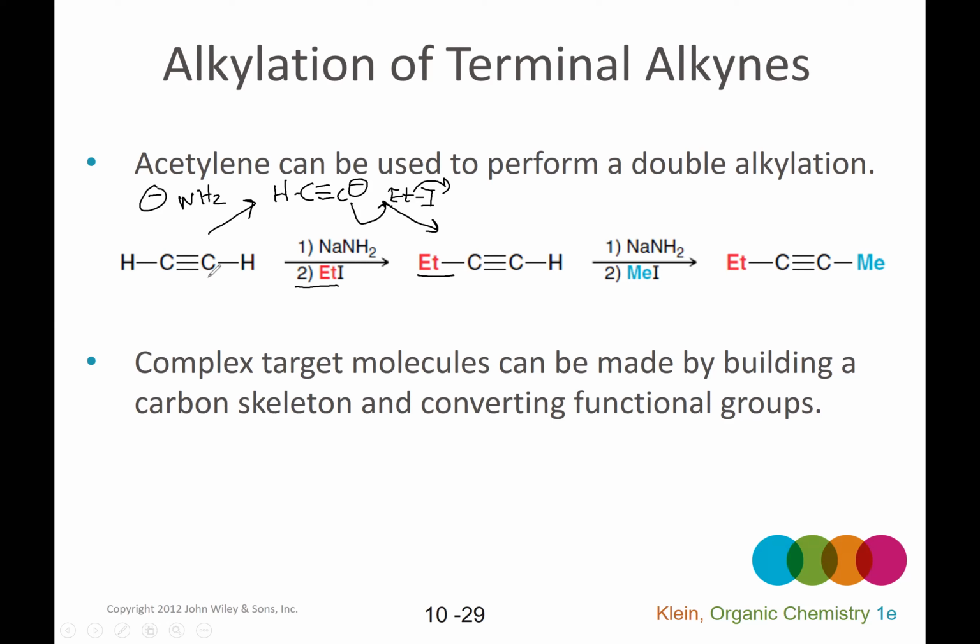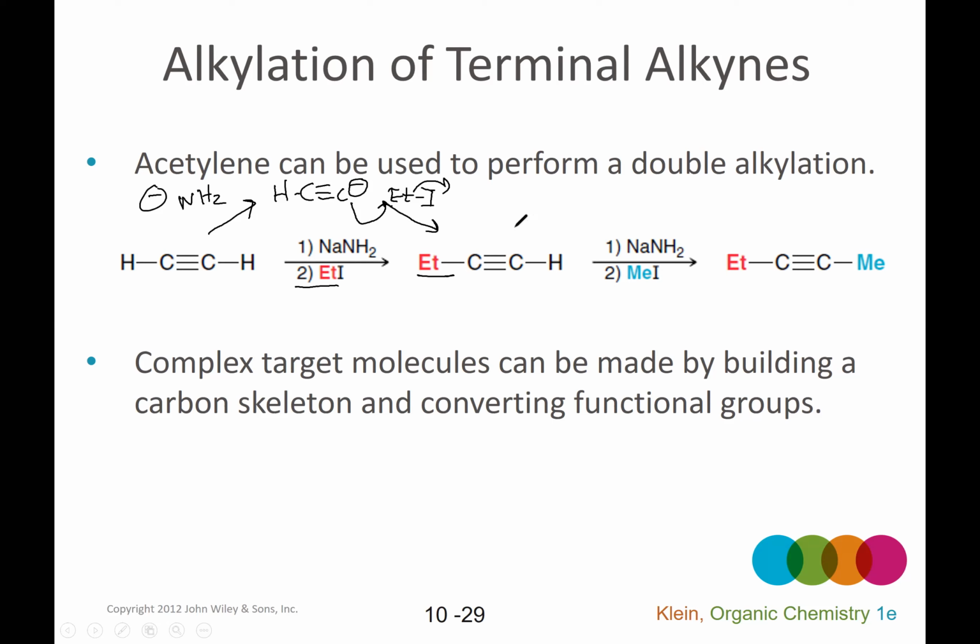So we've gone from a 2-carbon chain now to a 4-carbon chain, right? And now, if you start with acetylene, you have another hydrogen that's acidic, so you can do this a second time.